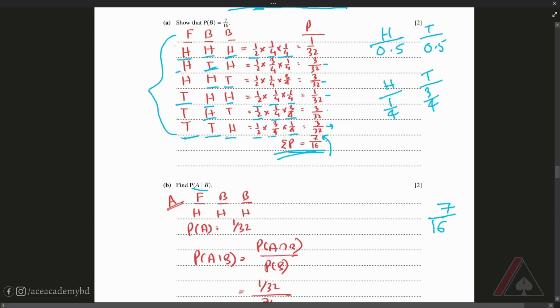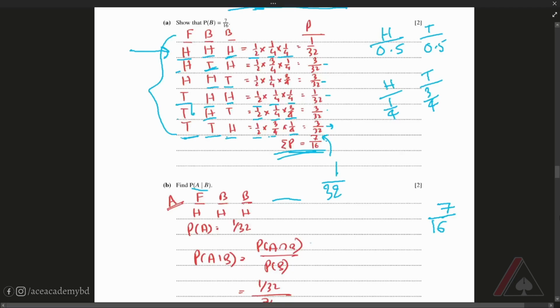So in the table where it shows all the possibilities of B being correct, which one shows all three coins showing the same result? So we can see only one. So that would be 1 out of 32 possible outcomes.